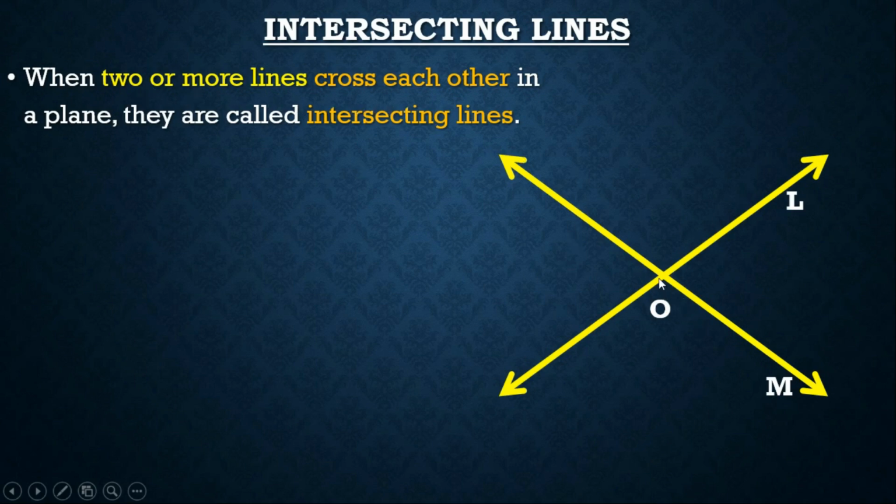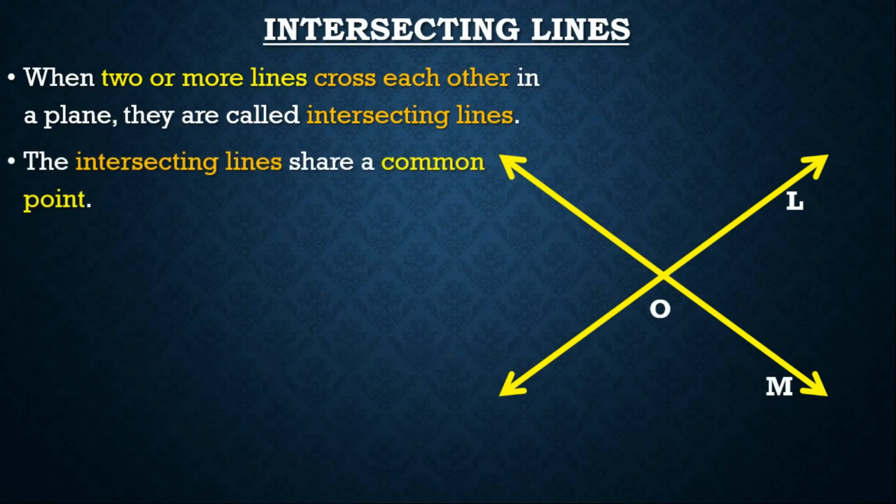When two or more lines cross each other, they are called intersecting lines. These two lines, line L and line M, are crossing each other, right? Now, the intersecting lines share a common point.